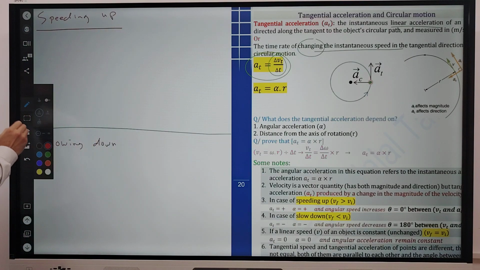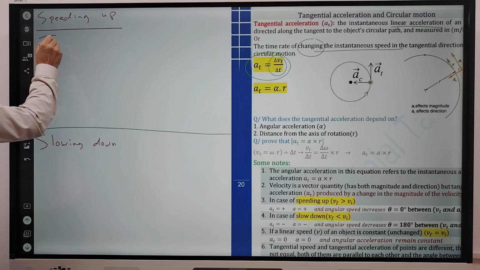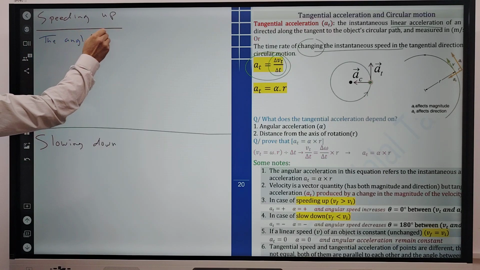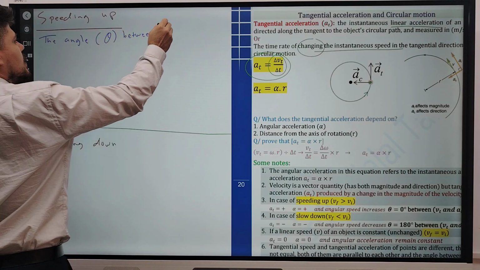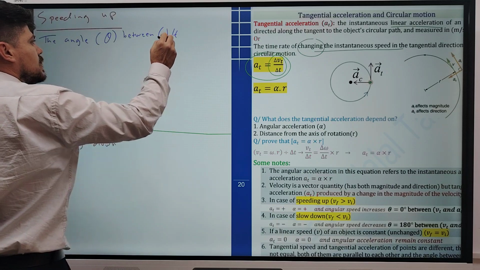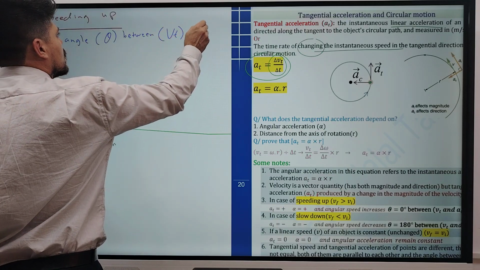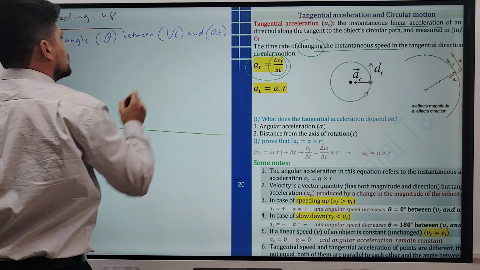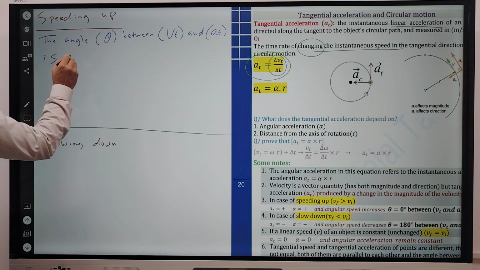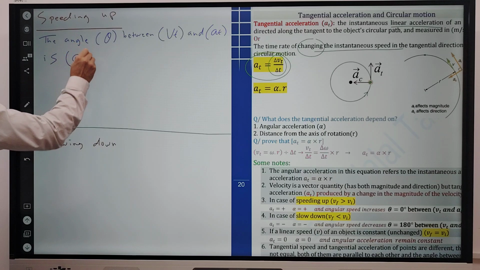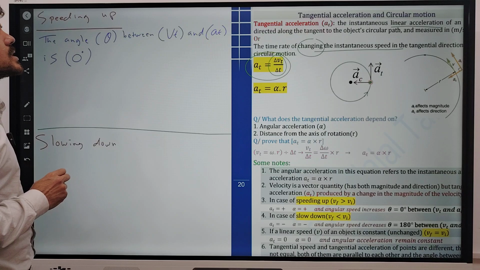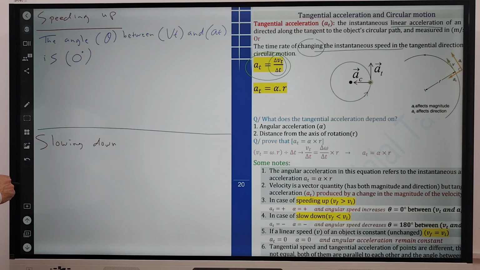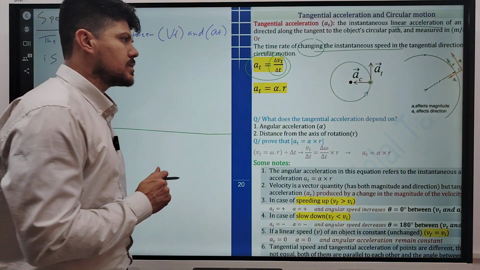In the case of speeding up, the angle theta between Vt and At is 0 degrees. So when does theta have 0 degrees? In the case of speeding up of an object.